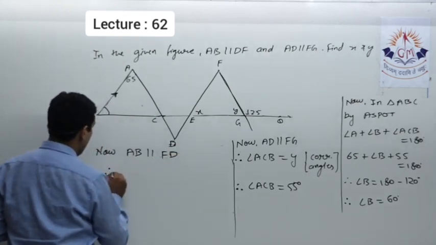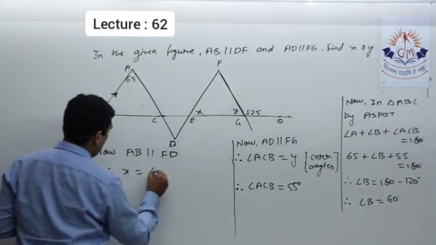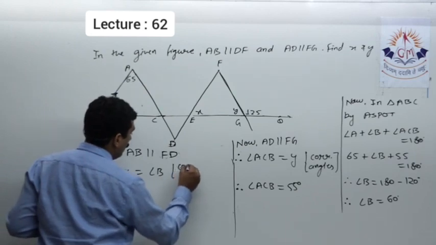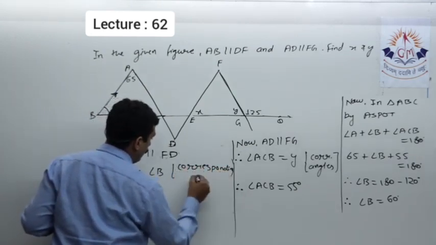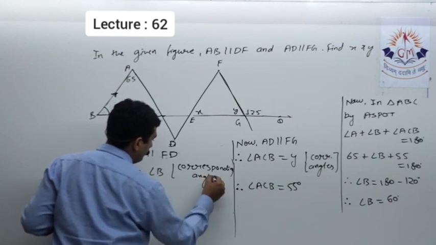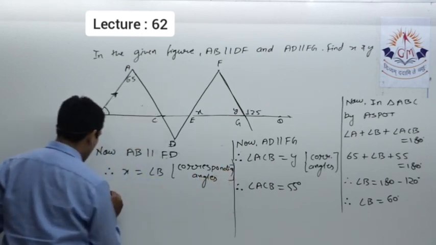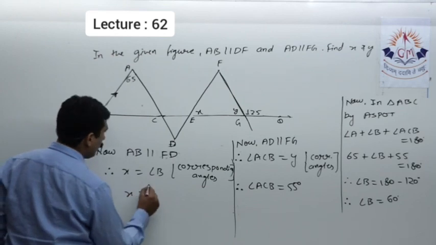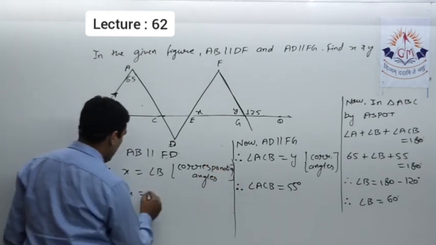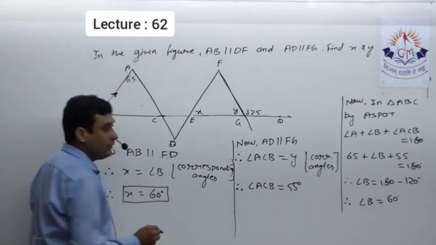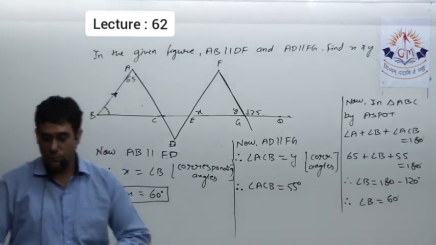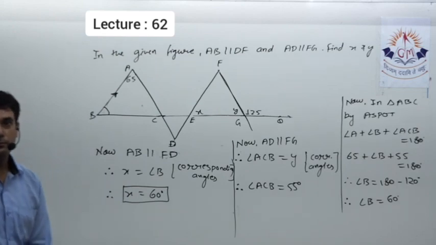So I can say therefore X is equal to angle B, reason: corresponding angles. So therefore I can say X is equal to 60 degrees. So in this way we obtain the value of X as well as Y. Please note it down.